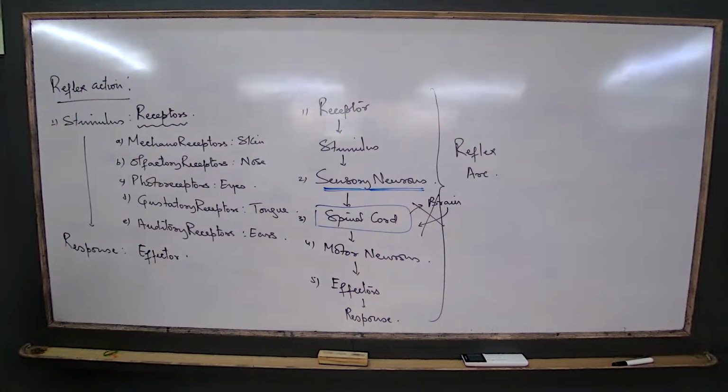The shortest pathway, reflex arc, it is the shortest pathway of nerve impulse transmission in which the thinking process of the brain is not involved, and it involves the following pathway.